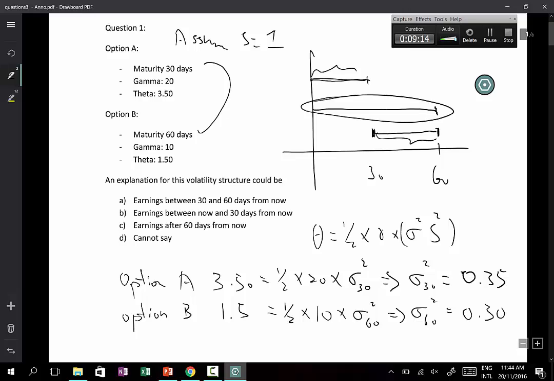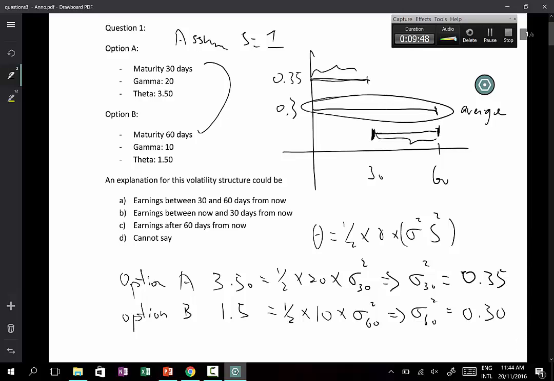Now this is exactly the situation that we find here: for the 30-day, the variance is 0.35, but for the 60-day it's lower. So that implies that the forward variance, if you like, from 30 to 60 days must be somewhere down here. So this is kind of like the average.